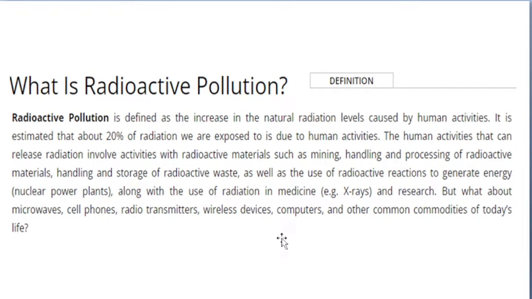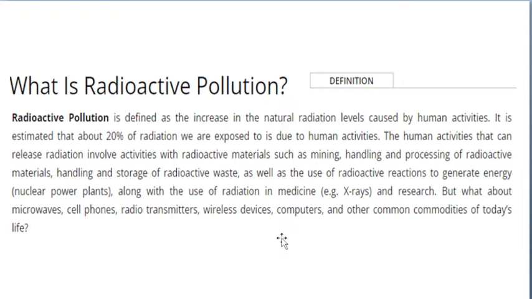Then come to what is radioactive pollution. Radioactive pollution is defined as the increase in the natural radiation level. So till now we have seen what radiation is. Natural radiation occurs from soil and from space.